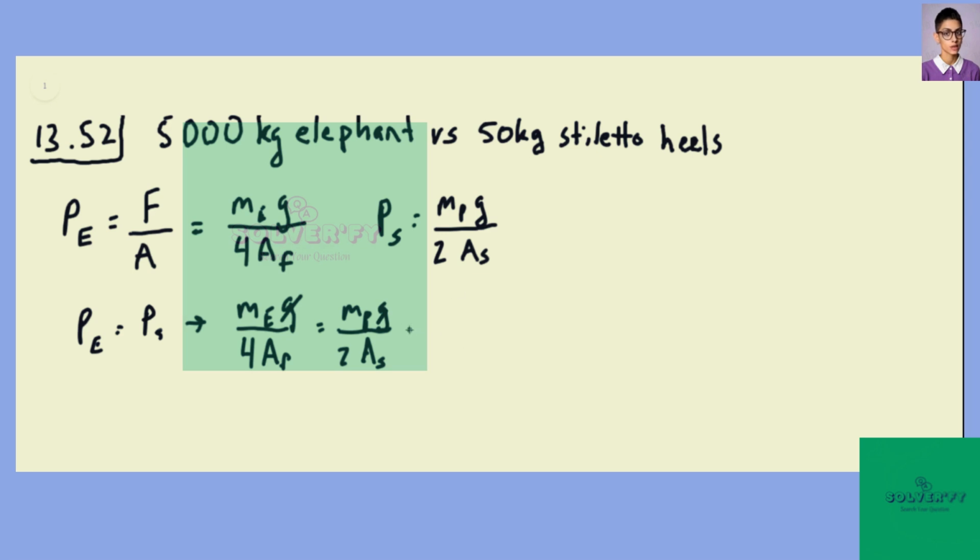And so this means that the area of the elephant's foot divided by the area of the shoe, we'd have a 1/2 because we multiply both sides by 2, and so 2/4 is 1/2, times the mass of the elephant divided by the mass of the person.